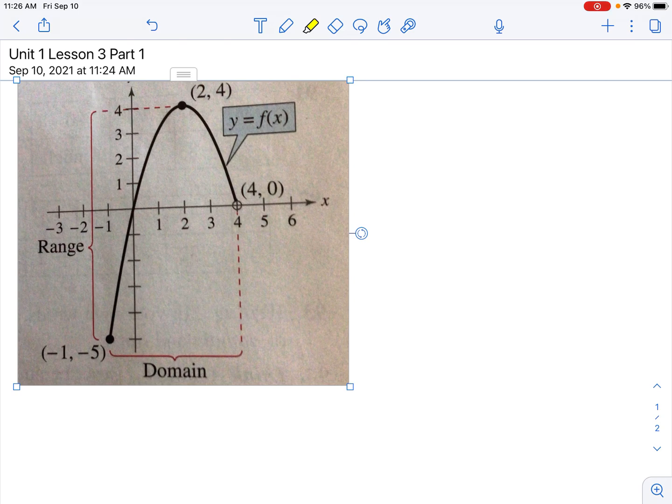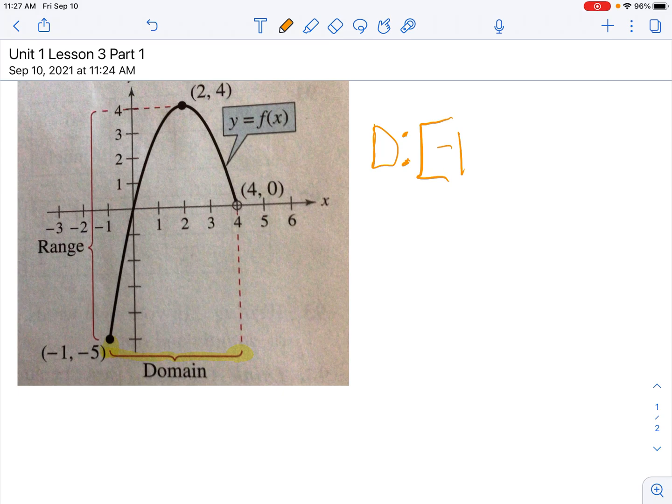So again, talking about domain and range, we've kind of touched on this. But again, your range is like your y values and your domain are your x values. So if I'm looking at this graph right here and I wanted to identify my domain, I would say that my graph starts at -1 and goes all the way to 4.